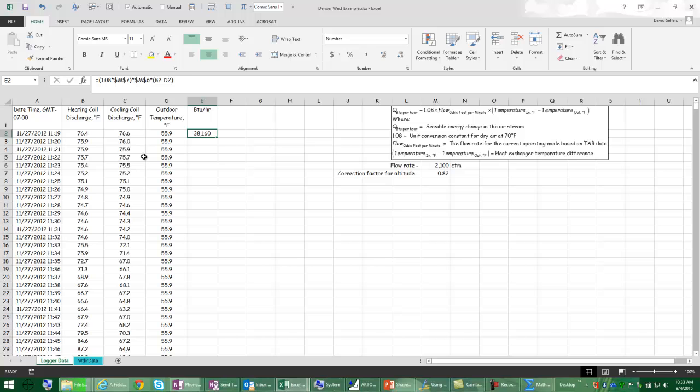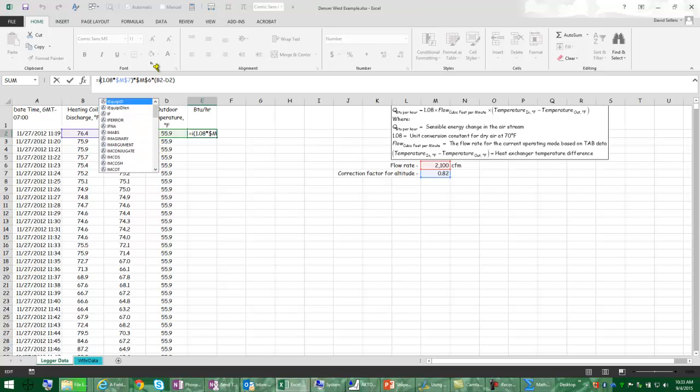The other thing that can happen is as these temperatures approach each other, you get zero or even what looks like a temperature drop across the heating coil, a negative number. I know that can't happen, so I'm going to say if the difference between the leaving air temperature minus the outdoor air temperature is greater than 0, then go ahead and do this formula.